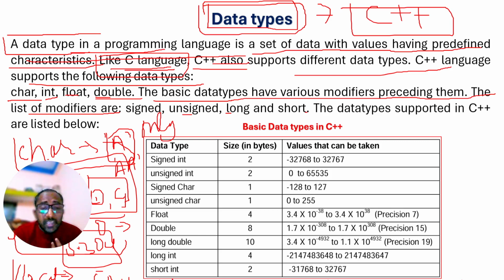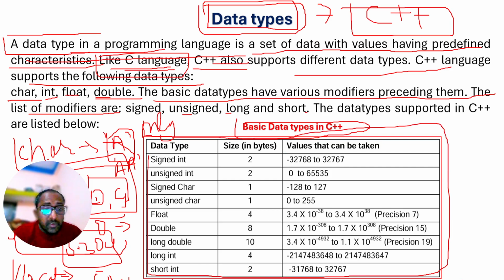Now after this I will also show you the practical, how to use the data types and what the data types are. I have written the basic data types in C++. One important thing is that these sizes are distinct. They differ as per the compiler versions.